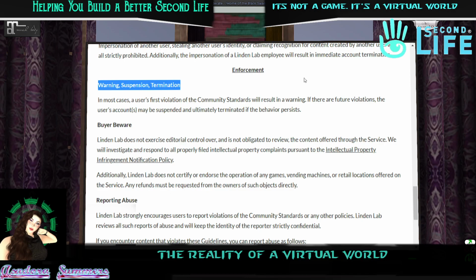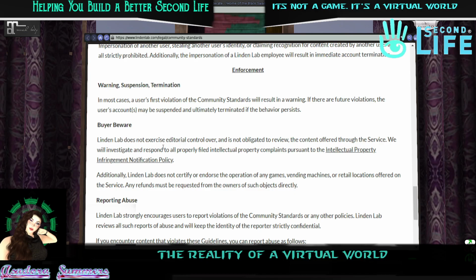Buyer beware. Linden Lab does not exercise editorial control over and is not obligated to review the content offered through the service. We will investigate and respond to all properly filed intellectual property complaints pursuant to the Intellectual Property Infringement Notification Policy, which I went over in part two, I think.